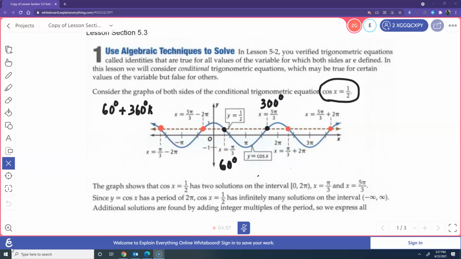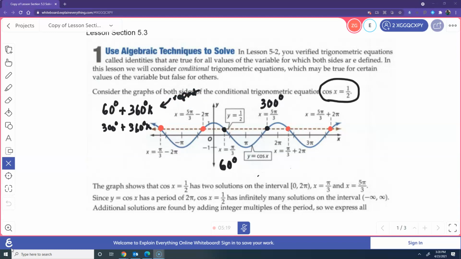The other point where cosine is equal to 1/2 is at 300 degrees, and it occurs every 360 degrees times k, because k indicates that it's going to repeat.